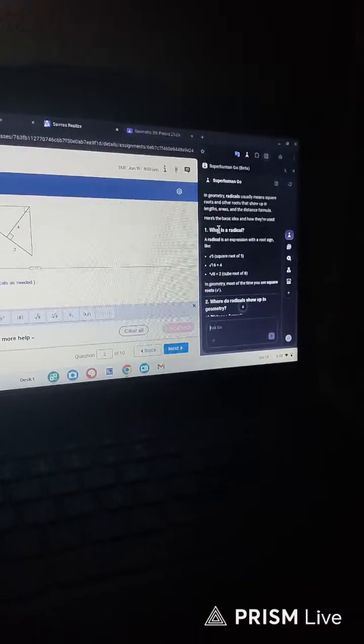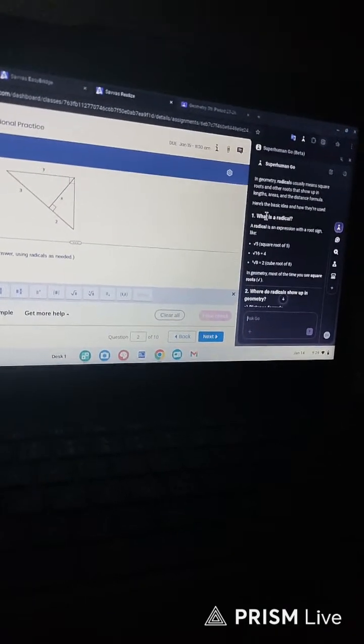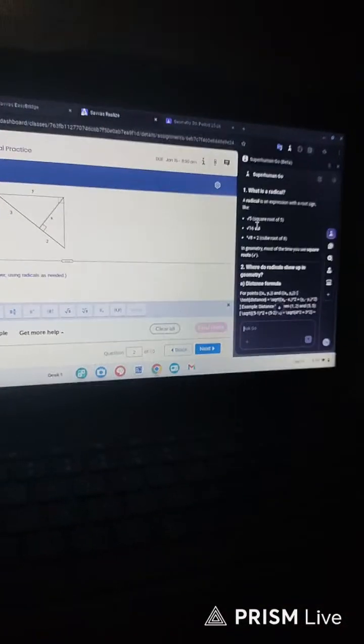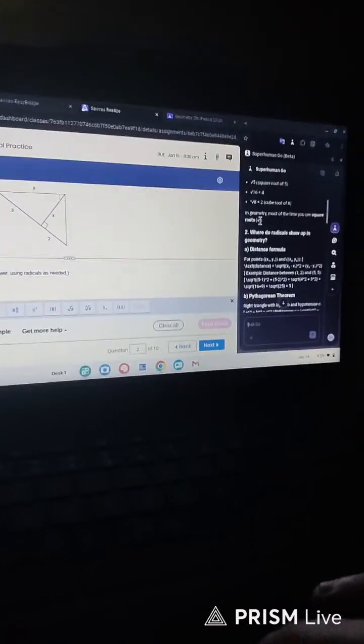A radical is an expression with a root sign. So square root of 16 equals 4. Cube root of 8 equals 2. In geometry, most of the time you see square roots. Where do radicals show up in geometry?